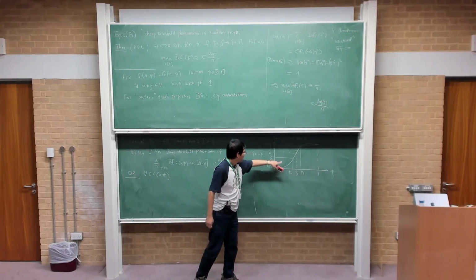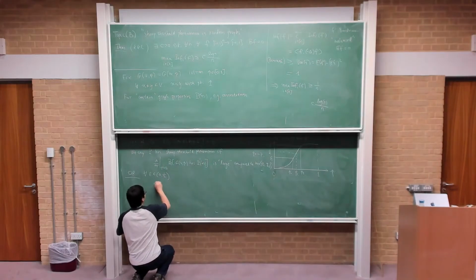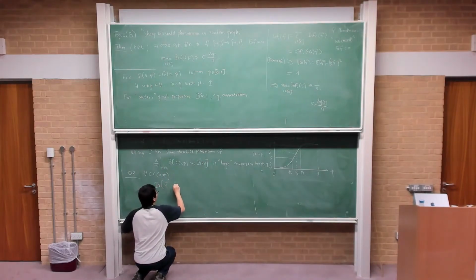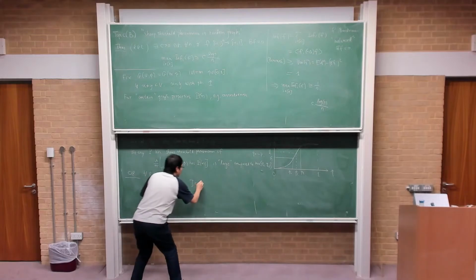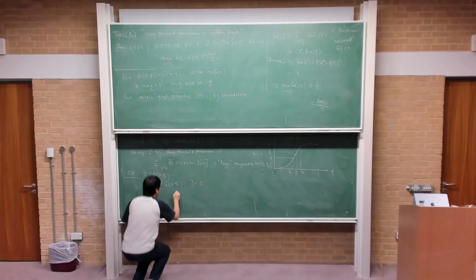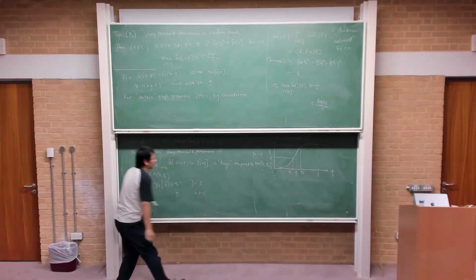So p0 is the value such that the probability that G(m, p0) has the property is equal to epsilon, and for p1 it has probability 1 minus epsilon.